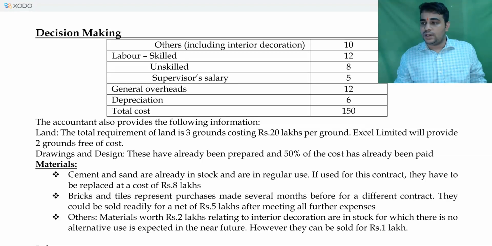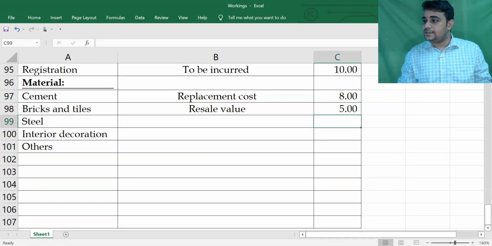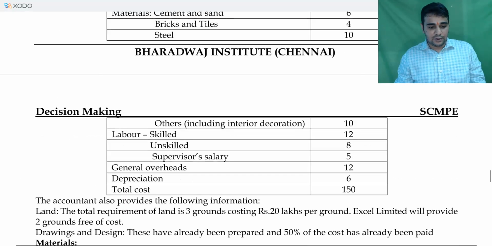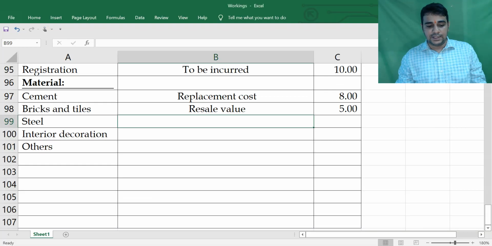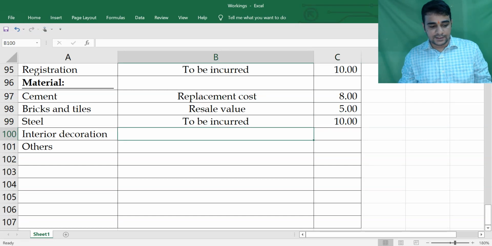They could be sold readily for a net of 5 lakhs after meeting all further expenses. So, resale value, 5 lakhs. No extra information on steel, so to be incurred, 10 lakhs.